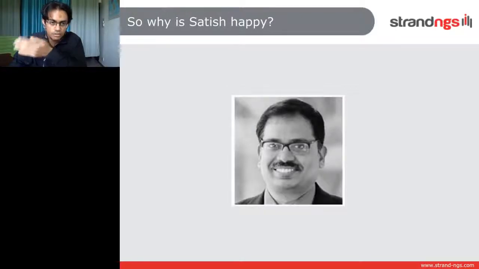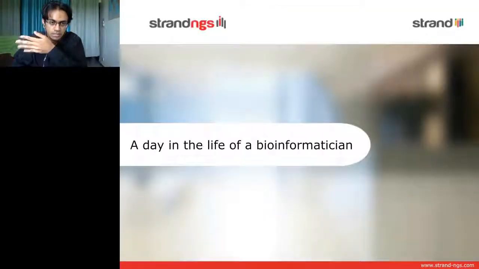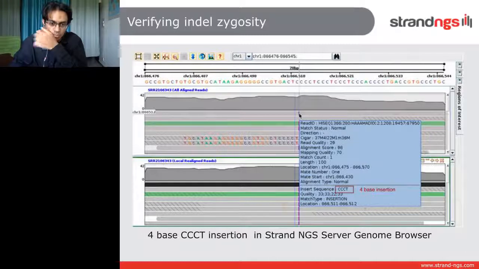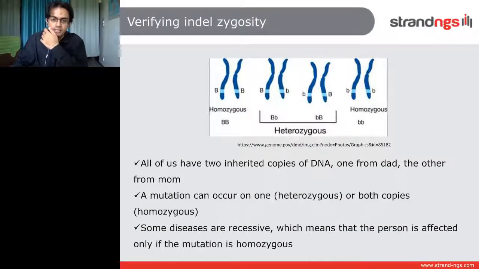If it occurs on one copy, it's called a heterozygous mutation. If it occurs on both copies, it's called a homozygous mutation. So for instance, you see here in this read list, this purple mutation, it's colored purple because it's a mutation. Otherwise, normal non-mutated reads are colored gray.